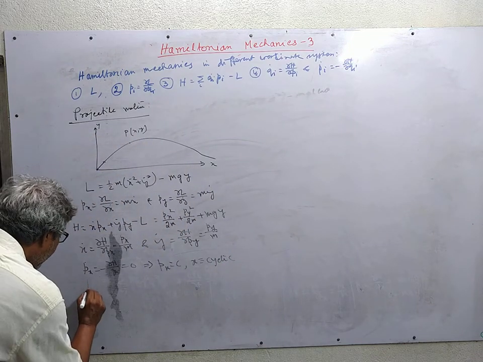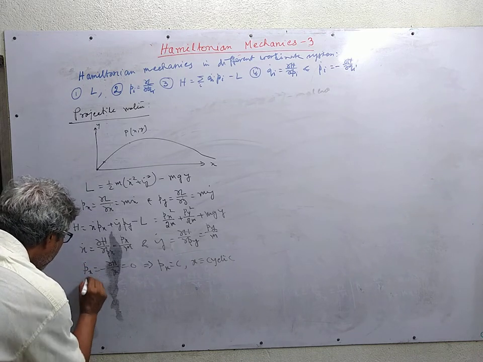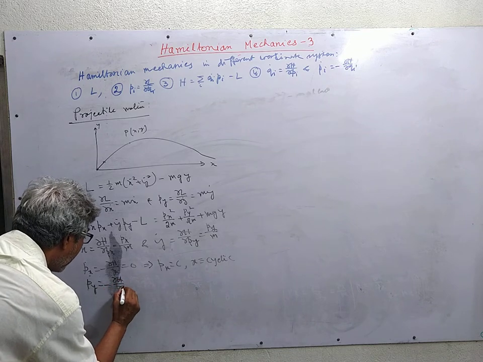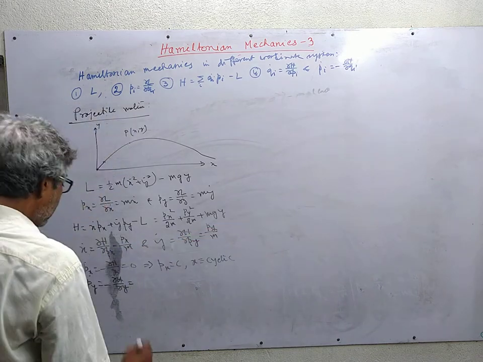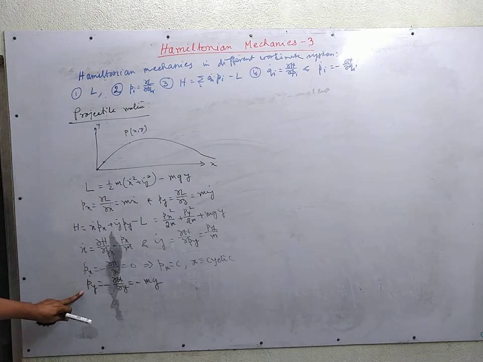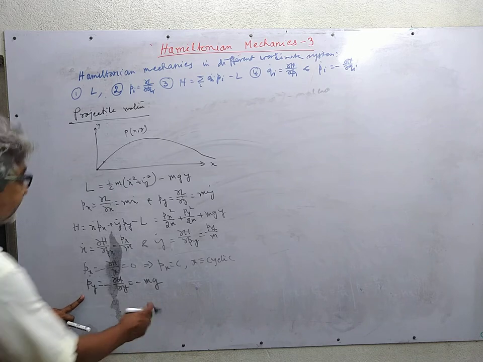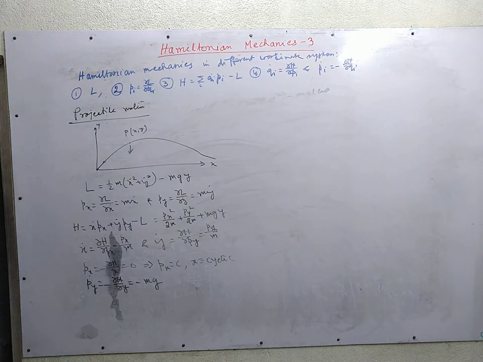And Py dot is equal to minus del H del y, which is minus mg. Py dot is the force along the y direction, and it is minus mg because the force is downward. So this is the Hamiltonian analysis of simple projectile motion. In the next class, we shall consider the Routh formalism of Hamiltonian mechanics.